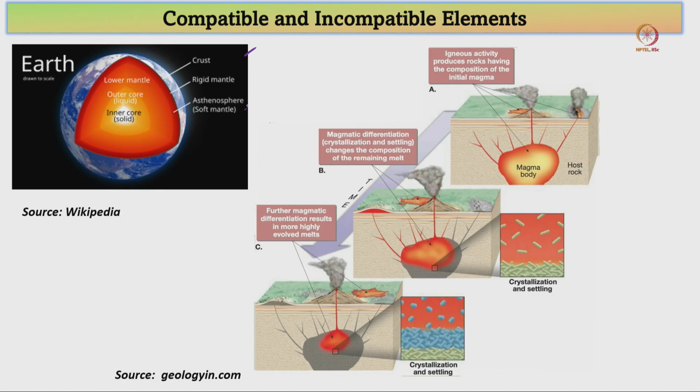Then we have the lower mantle below the asthenosphere, then the outer core, which is liquid, and then the inner core, which is absolutely solid.